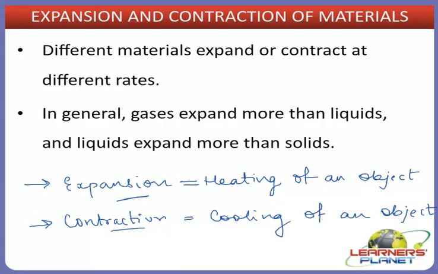Expansion always deals with the increase in size of an object, and contraction always deals with the decrease in size of an object. Contraction can also take place in all the three states of matter, that is, in solids, in liquids, as well as in gases. Even the change in hardness of objects also takes place.